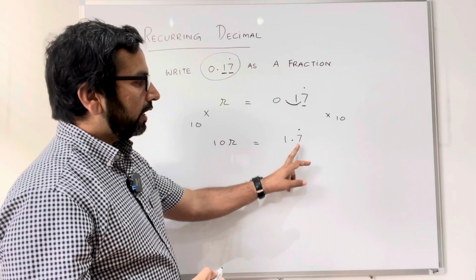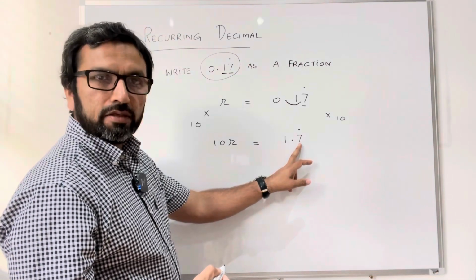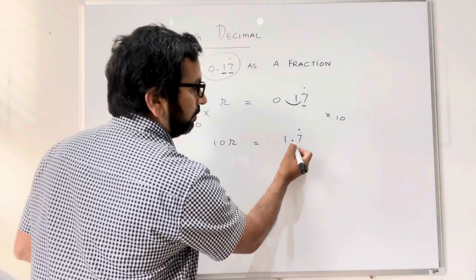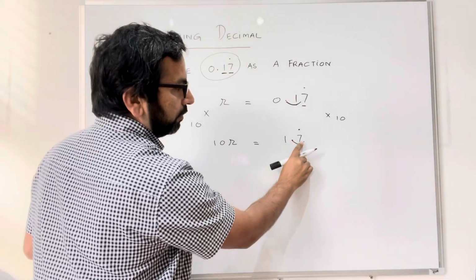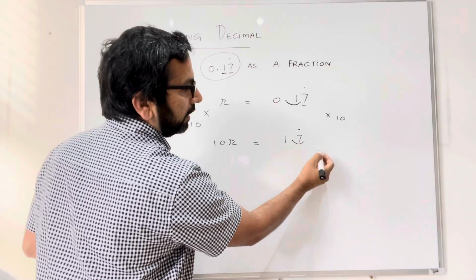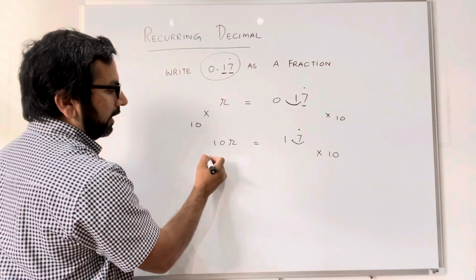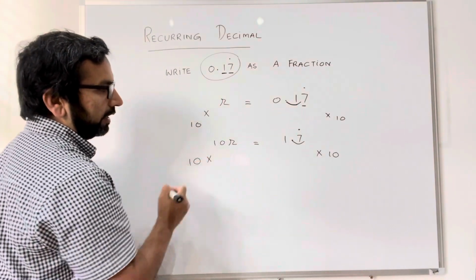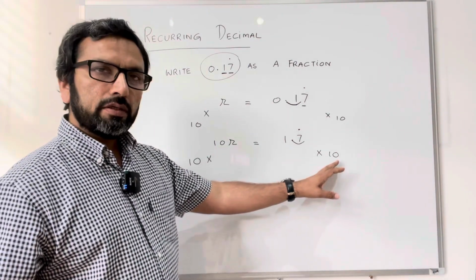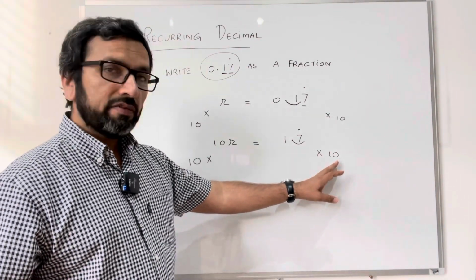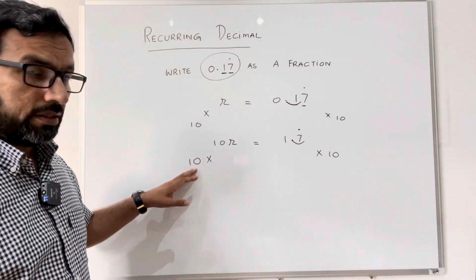Here again our repeating part is one number, which is 7, so it means the decimal should go over here. To jump over that repeating part you will again multiply this side by 10, and obviously that side by 10, because equal to means whatever calculation you do on one side you have to do the same calculation on the other side.